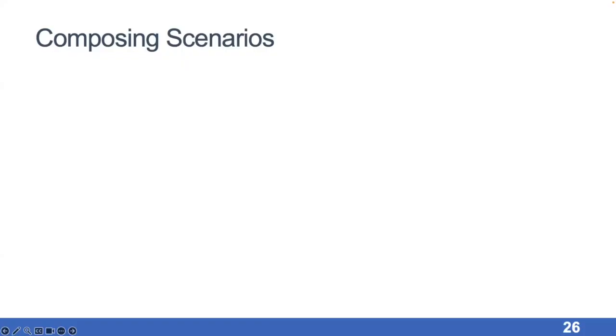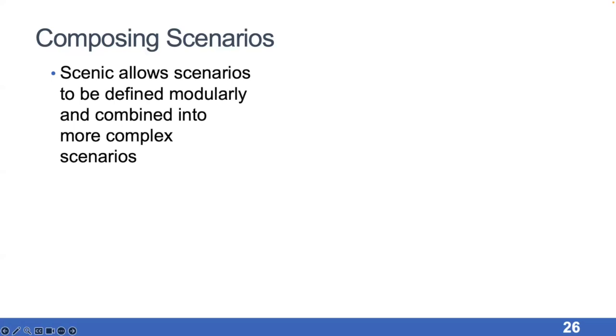major set of features in SCENIC that we didn't talk about at all is the ability to compose scenarios together. It's really helpful when defining complicated scenarios to have some building blocks of simpler scenarios which you can then put together.